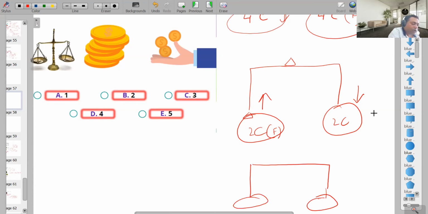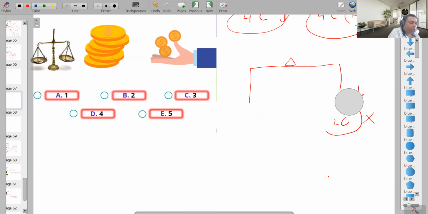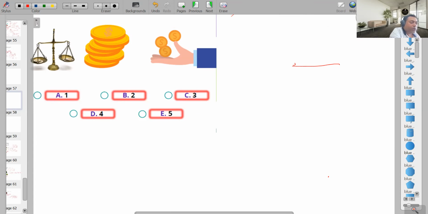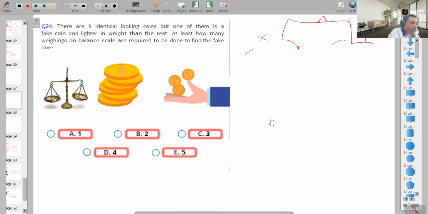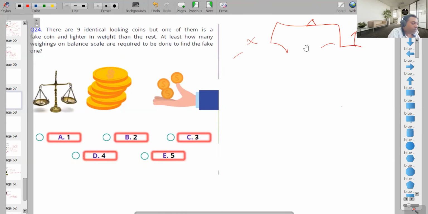Now this one is not required anymore, so you will use 1 coin here and 1 coin here, and whichever goes up is your fake coin. So you're looking at 3 weighings, but is this the optimal way of doing it? You had 9 coins, right? 1 coin was left out in the first case.